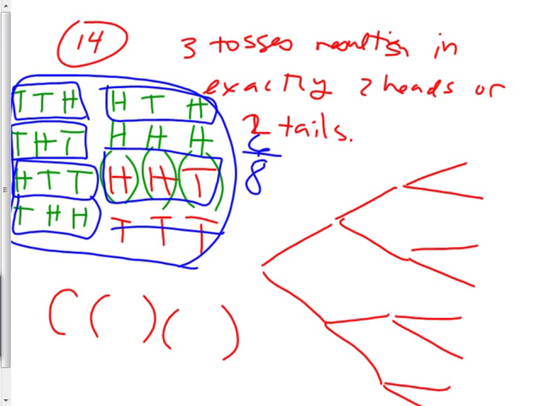If you didn't do it that way, if you did it with the tree, you could do it that way. It's a lot longer. Heads, tails, heads, tails, and so on down the branches. And then I have to find the probability of each of those things. Well, heads, heads, heads is half times half times half, which is 1 over 8.